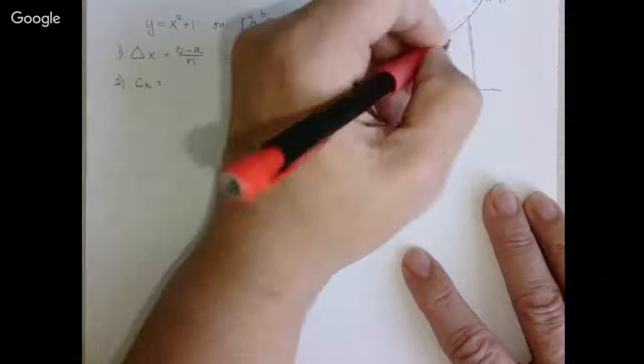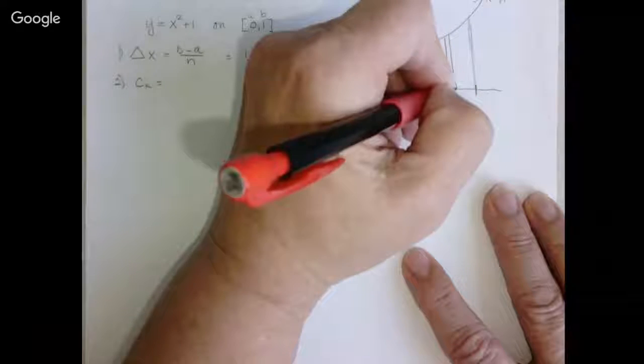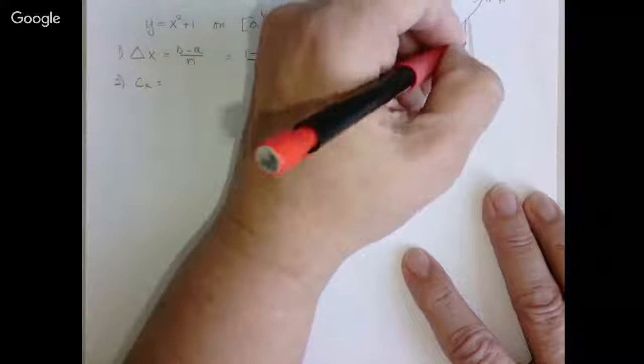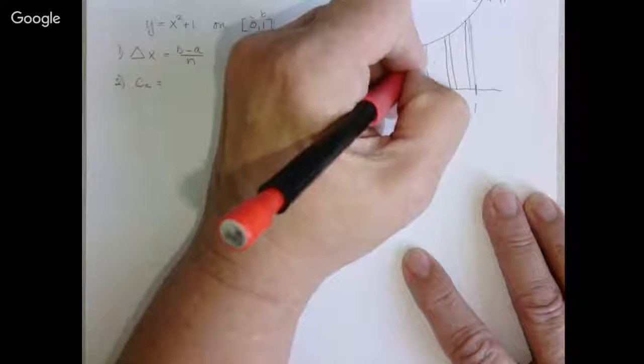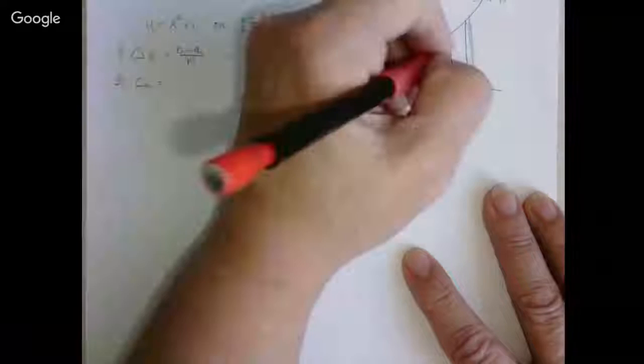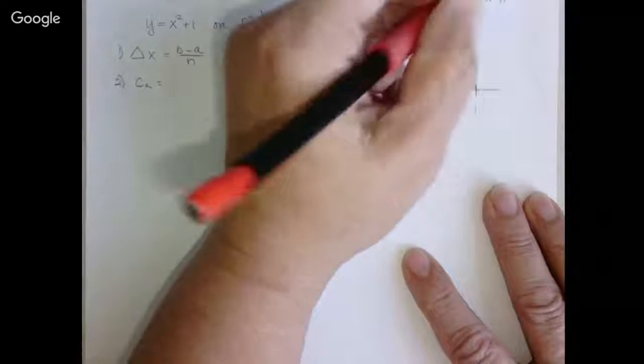Let's say we've got 1, 2, 3. Somewhere in the middle is the kth box, and of course then we've got the last box. So this is box number 1, box number 2, box number 3, and so on. Here's box number k, and the last box is box number n.